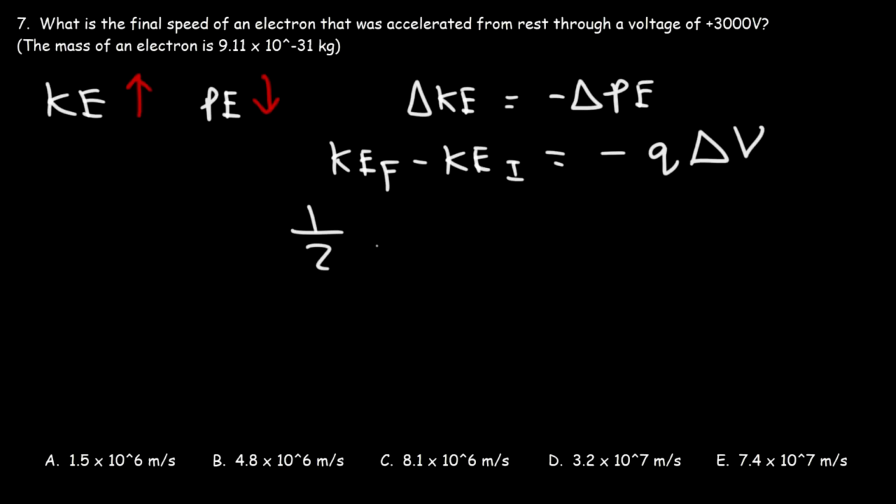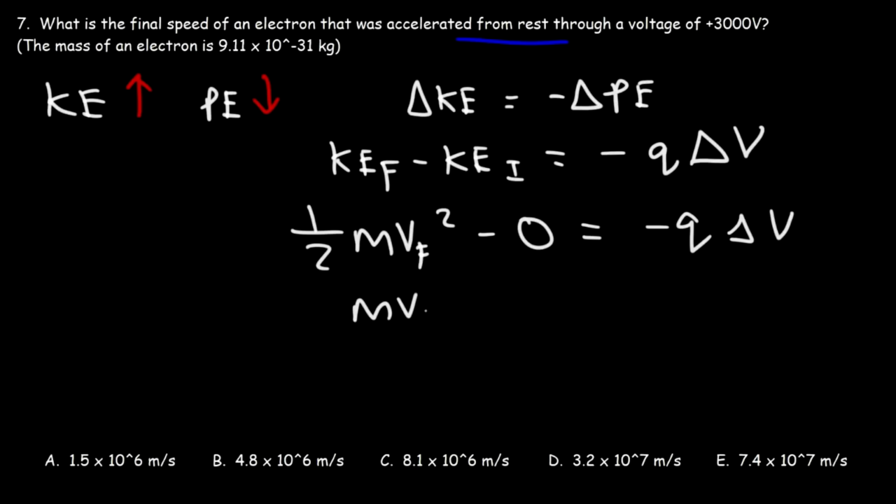Now the final kinetic energy is 1/2 mv final squared. The initial kinetic energy is 0 because the electron accelerated from rest. So what we're going to do is multiply both sides by 2 to get rid of the fraction 1/2 on the left side.